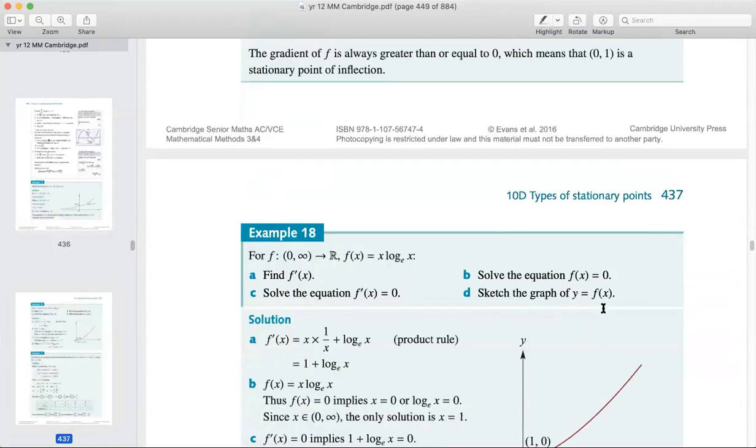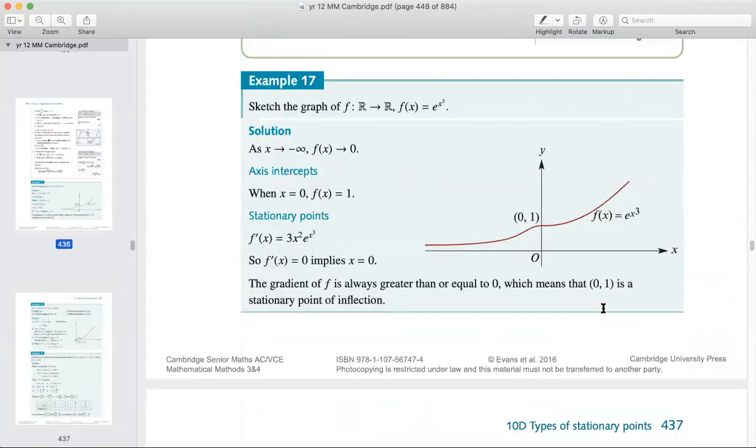Example 17, sketch the graph. So this is pretty hard to sketch, but what we know is this one is going to keep increasing, and we can find the stationary point. Then we realize it's just a stationary point of inflection. So that's why the graph looks this way.